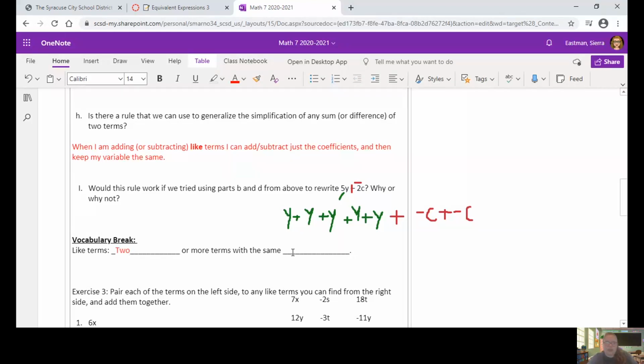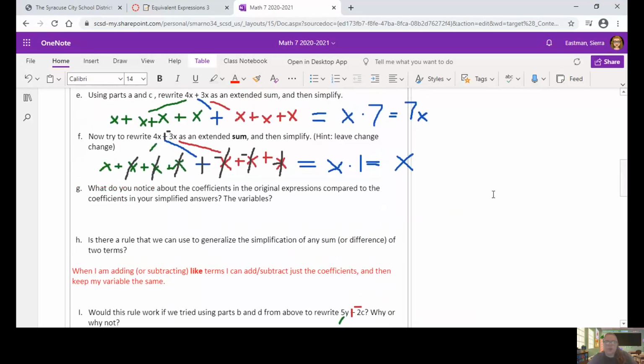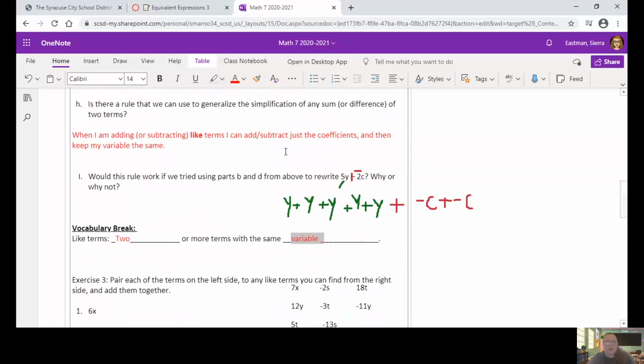Terms with the same variable. Okay, so in part H, the reason why we could combine those is because they were both x's, right? 4x and 3x, again both had x's. But now with this part here, y and c are two different variables, kind of like two different objects, apples and oranges, that can't really be combined.